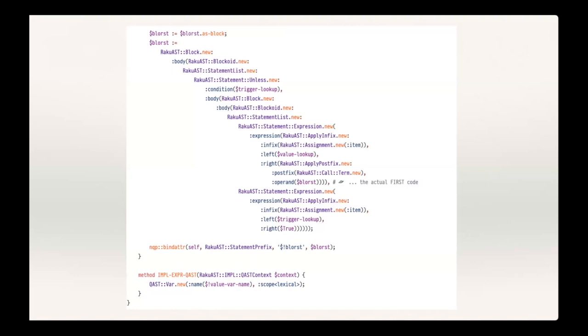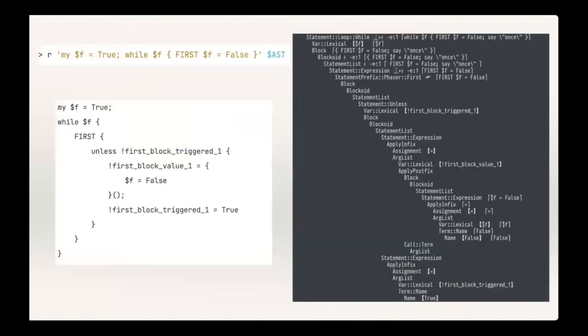So actually, we explicitly define our expression cast for this node as returning a reference to the variable that stores the value that's returned by calling the first statement. So on the right hand side, you can see the output.